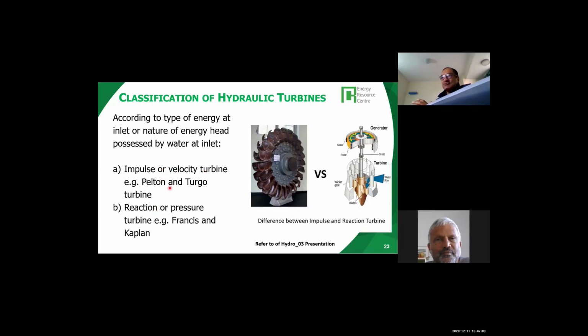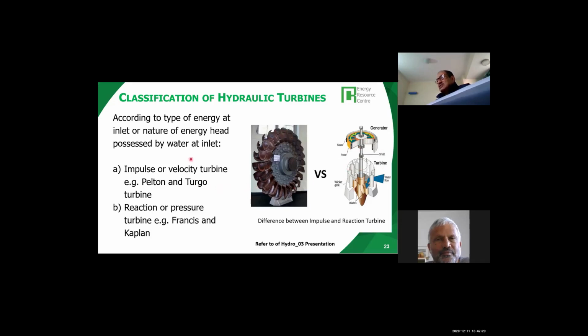The velocity turbines are Pelton, and there are Turgo turbines, and reaction or pressure turbines. Nowadays, they have a new type of turbine called the bulb turbine also, but these are new turbines that you can also see. So basically, now you have the Pelton turbine, the impulse turbine, the velocity turbine, and you have the pressure turbine.